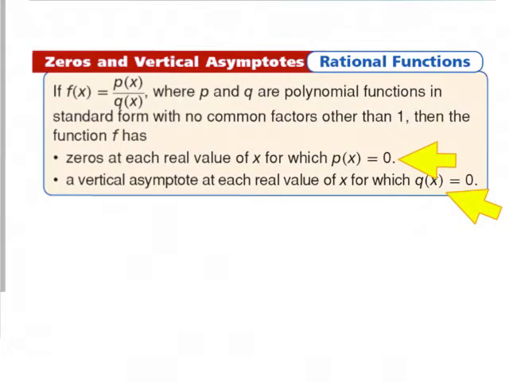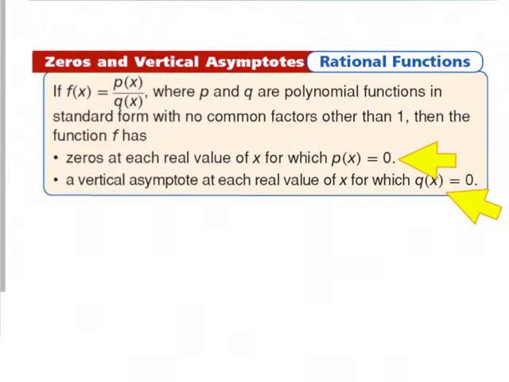This slide puts into formal definition what I've already stated. We have f of x is equal to p of x over q of x. So this is our function: p of x on top and q of x on the bottom. Now p and q are polynomial functions in standard form, and they have no common factors other than 1.